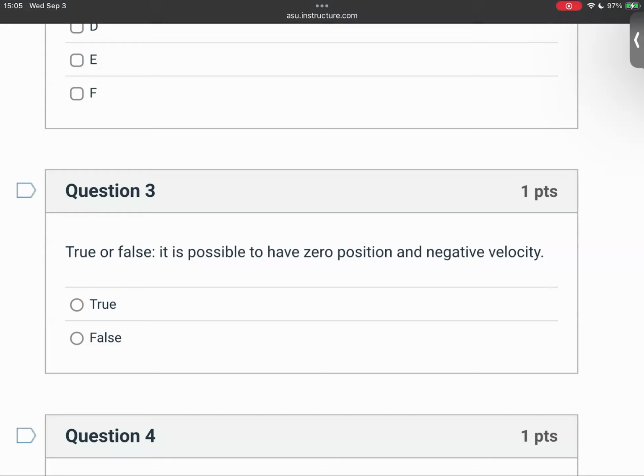Is it possible to have velocity zero and acceleration non-zero? Almost everybody says no.